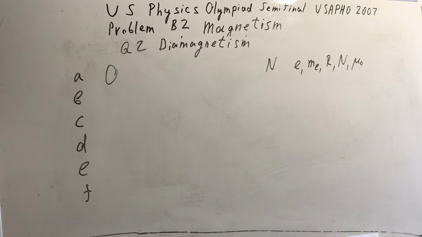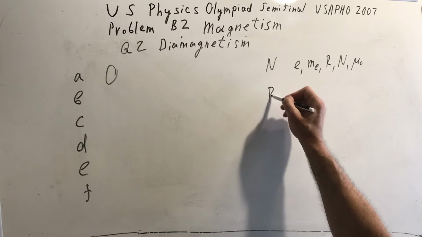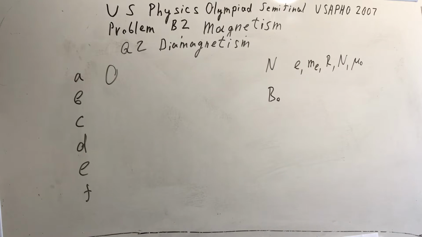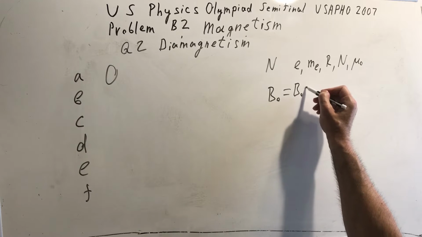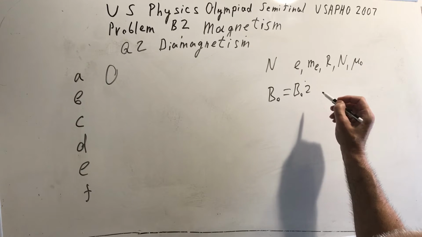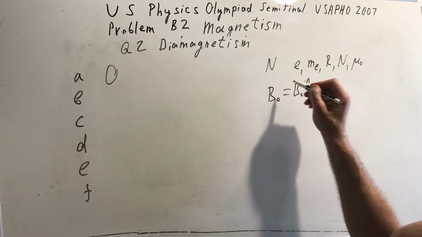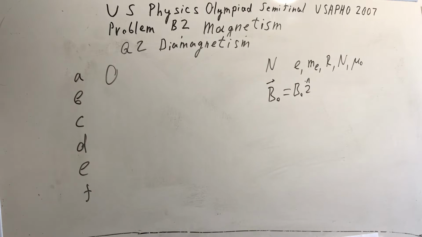Next question. An external magnetic field B0 equal B0 Z in the Z direction is applied to the substance. Assume that the introduction of the external field doesn't change the fact that the electron moves in a circular orbit of radius r.